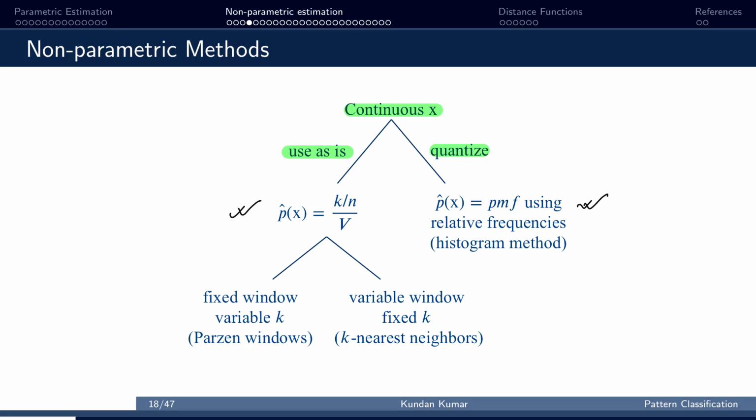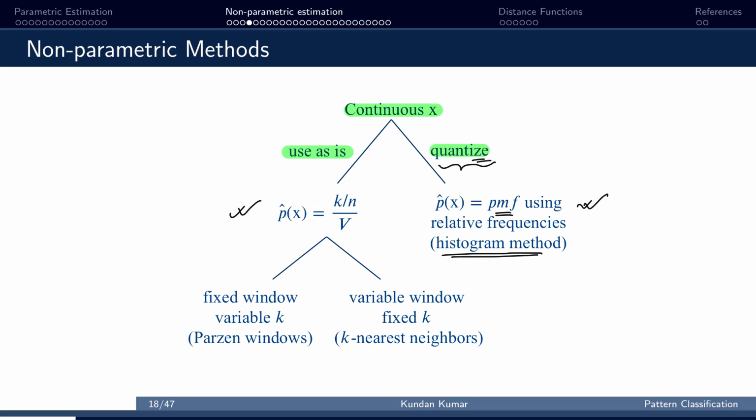If we apply the parameter estimation technique on discrete data, then we have to use the histogram method that will estimate our probability mass function, because the probability mass function is nothing but the probability density function for discrete feature vectors.